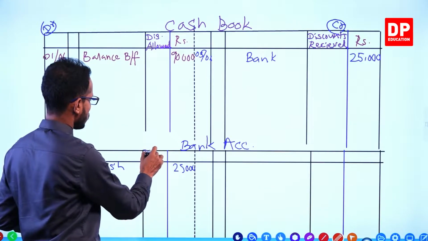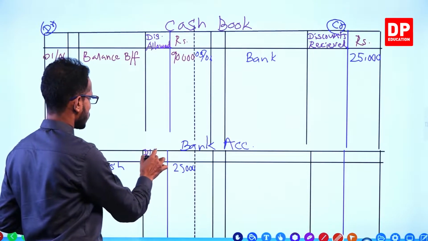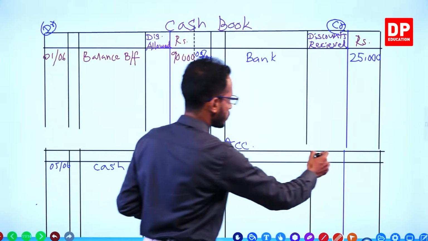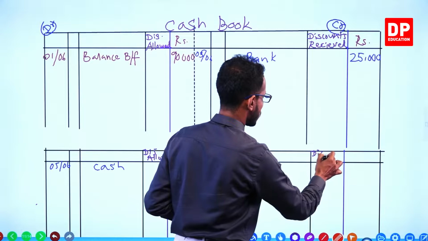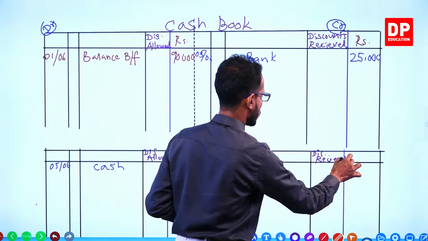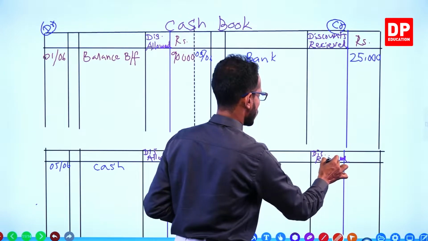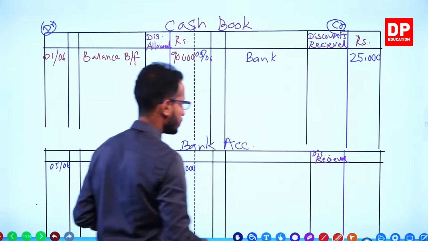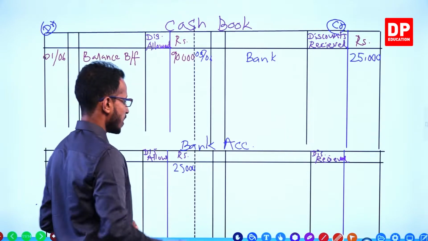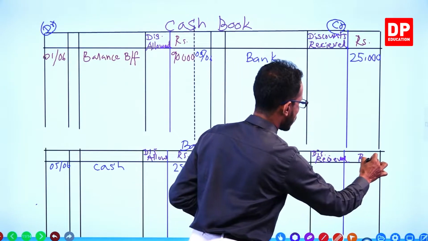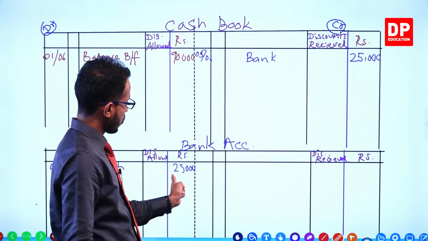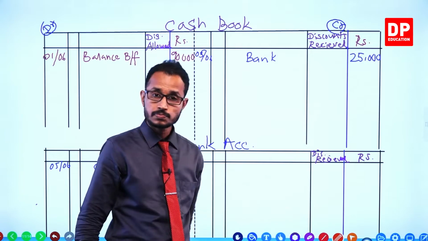Mention the discount columns. All right, children. Discount allowed. Discounts received. This is the amount column, rupee sign on each corner. This corner and that corner.